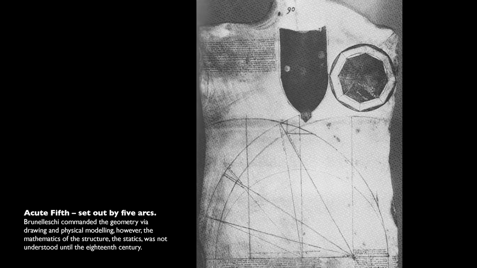Brunelleschi commanded the geometry of this dome via drawings and physical modeling. He used the acute fifth set out by 5 arcs. But interestingly, the mathematics of the structure, the statics, was not defined by humankind for another 300 years.